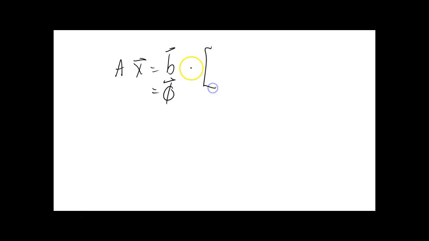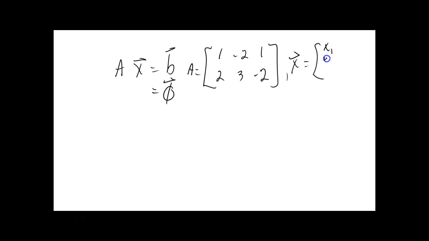Where A is equal to this set of coefficients, 1, negative 2, 1, 2, 3, negative 2, and your X vector is your X1, X2, X3, they're calling it. You could call it X, Y, Z, whatever you want. And your 0 vector here is a 2-dimensional column vector, 0, 0.